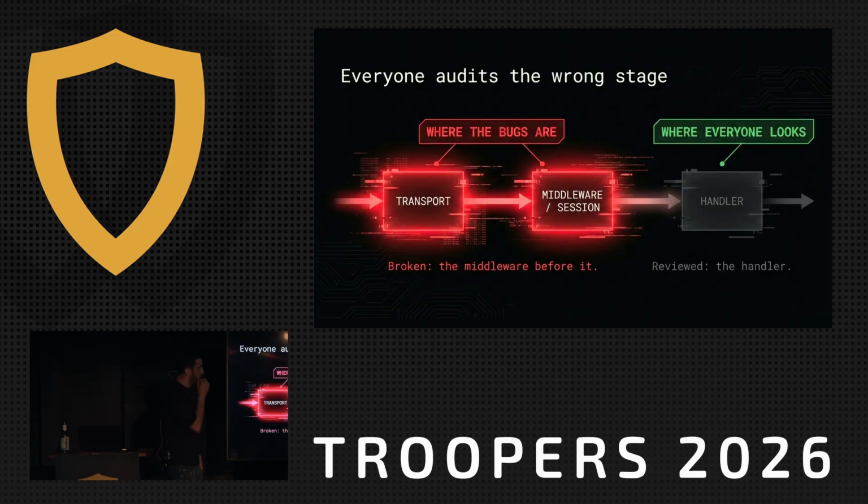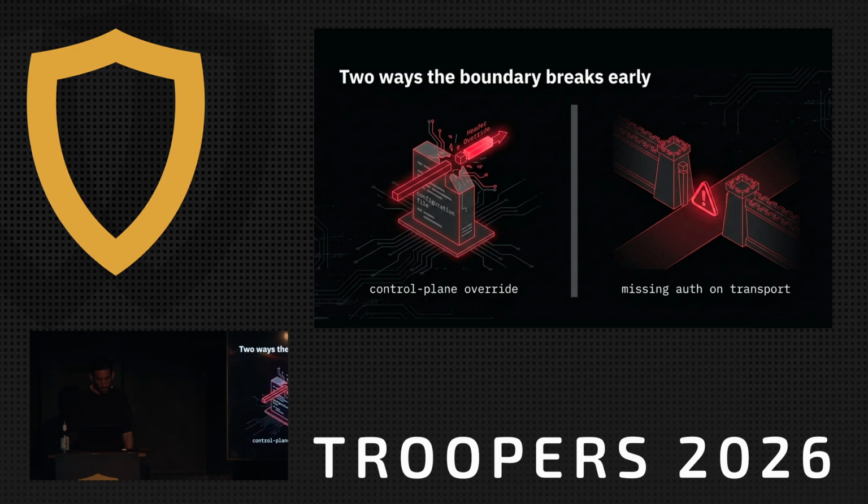Again, a lot of the problems are in this section, not in the handler or the tools. There are issues there as well, but actually the more scary stuff is here. This is exactly what we'll see.